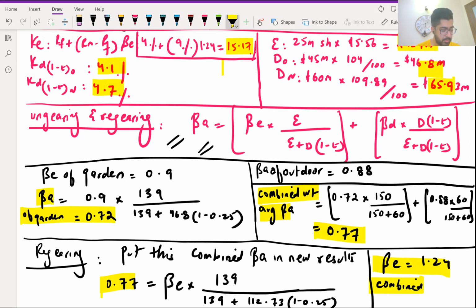Okay, please copy it so that I can put it in the equation and find back.